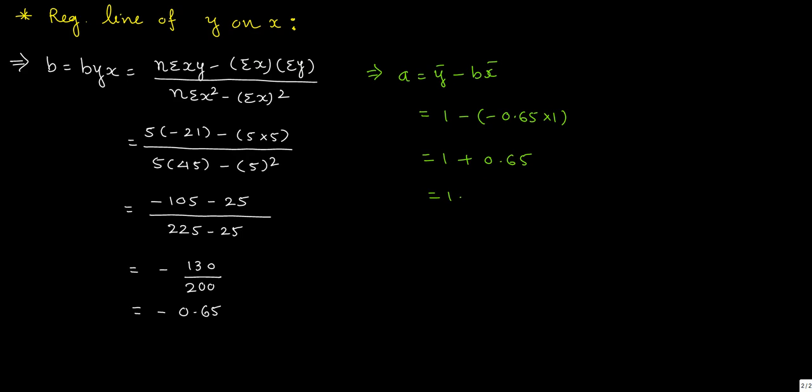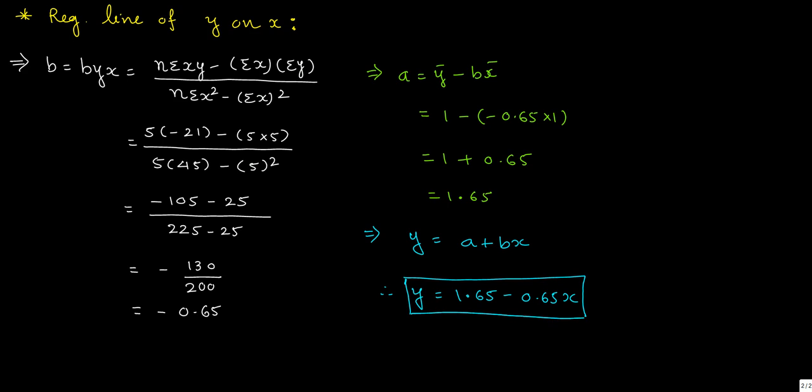We will get 1.65. Okay. Now our regression line is y equal to a plus bx. Therefore, y equals what? A is 1.65, b equal to minus 0.65 into x. This is our answer. This is our first regression line, y on x.